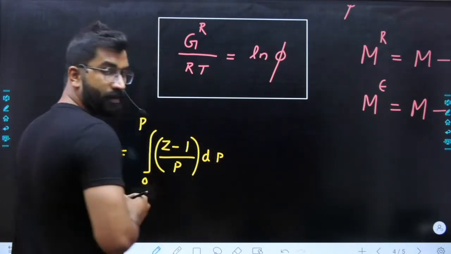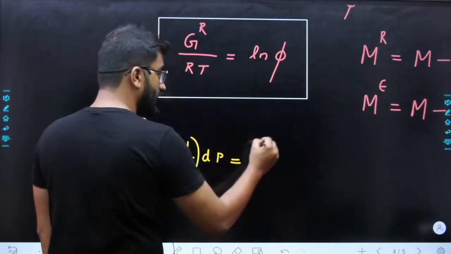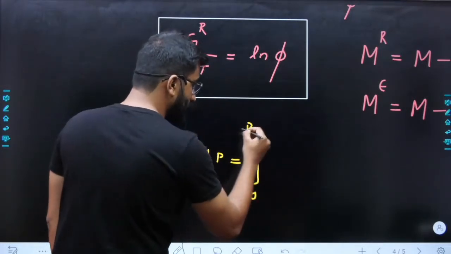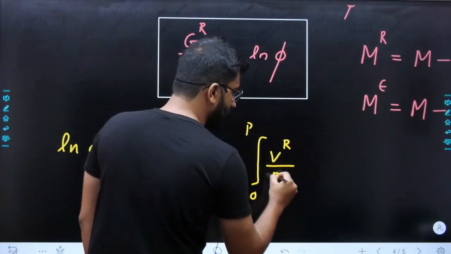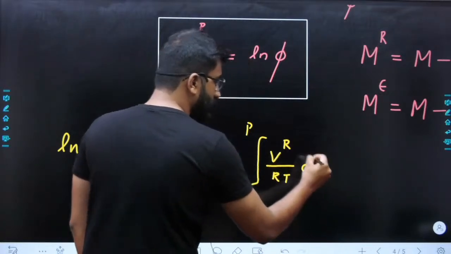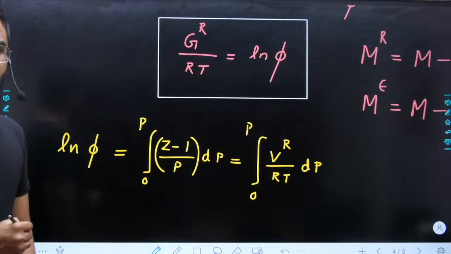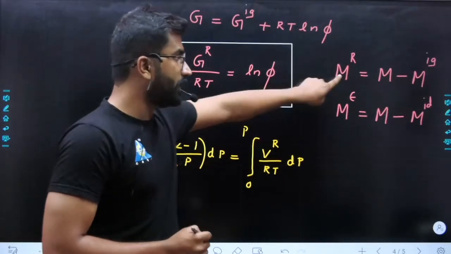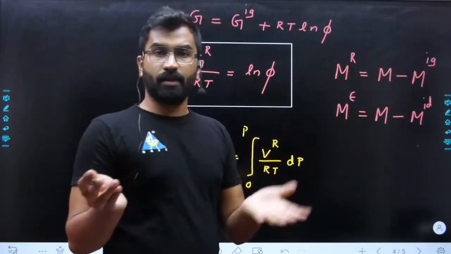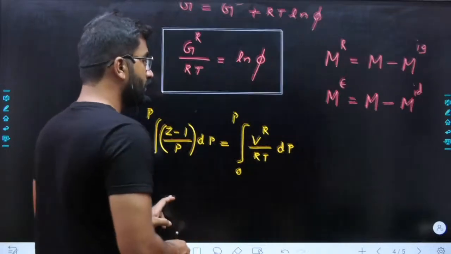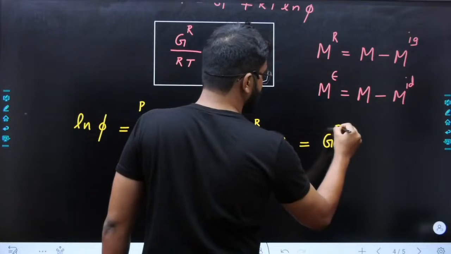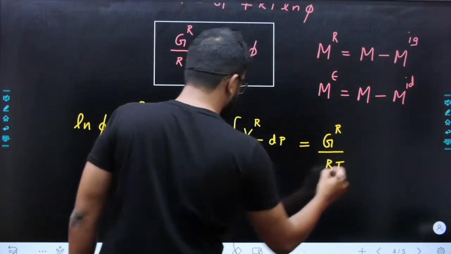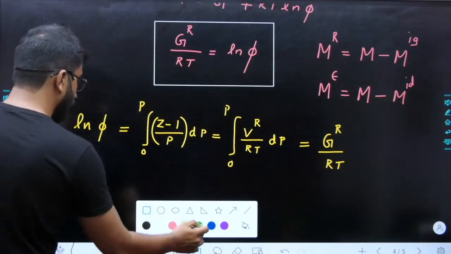This term is also equal to integral of residual volume divided by RT into dP. Residual volume का मतलब क्या है? Residual property क्या है? Actual volume minus ideal gas volume. Okay? So this is also equal to GR by RT. So this is your complete equation needed for fugacity chapter.